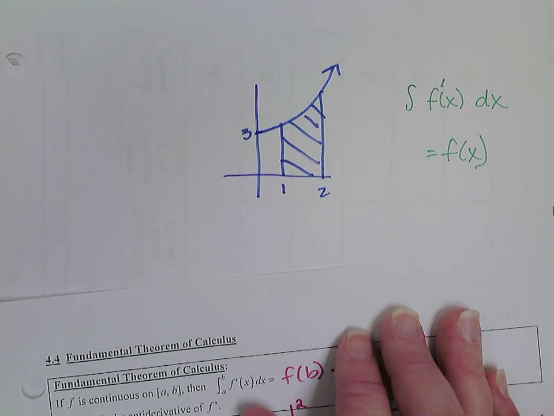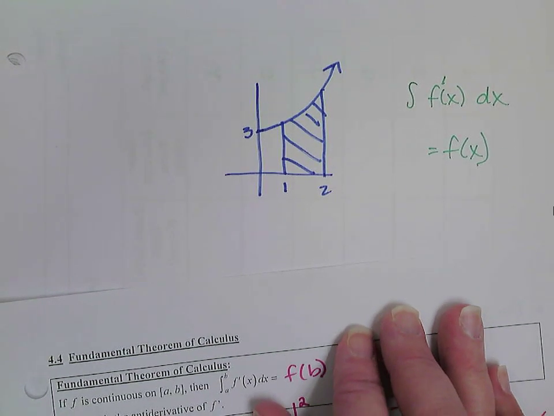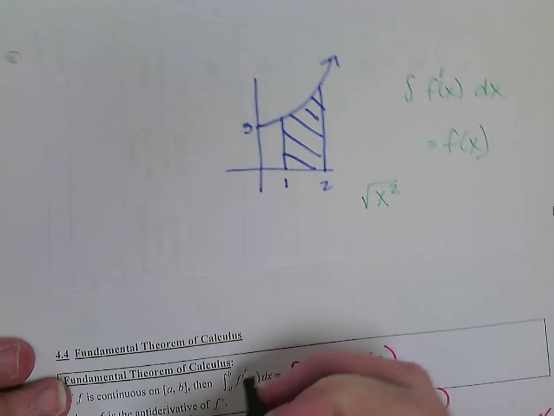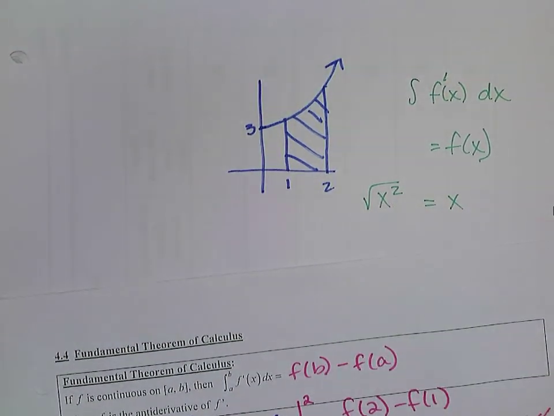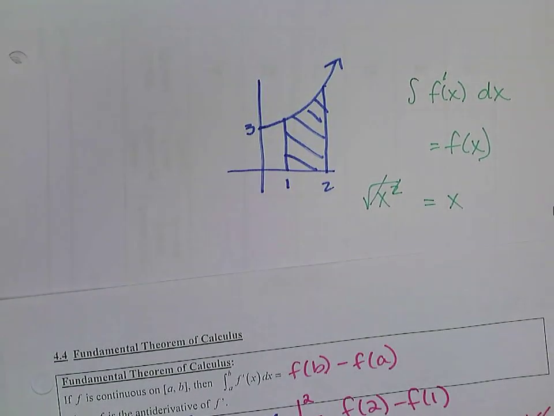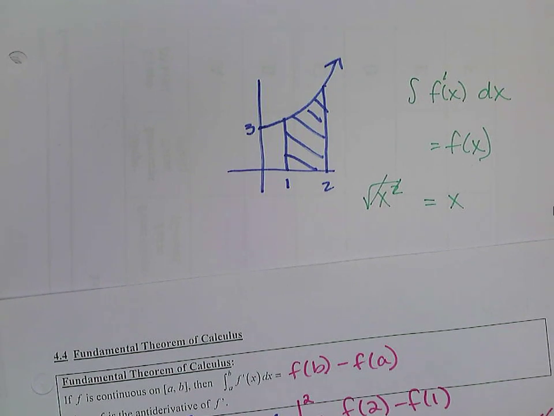The way I think about it is like this. What happened to the square? It was undone by its inverse. Squaring and square root are inverse operations. They undo each other. So yeah, I think of it the same way.